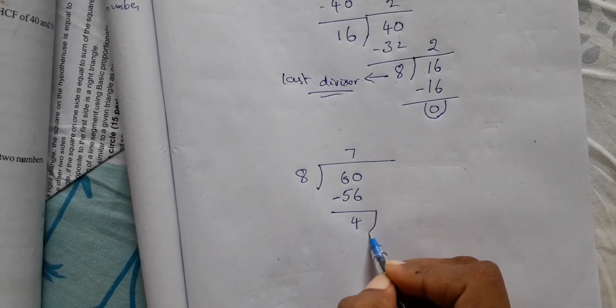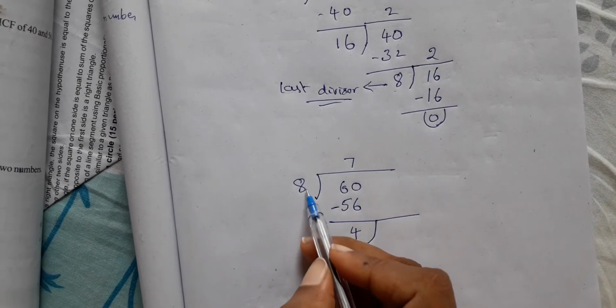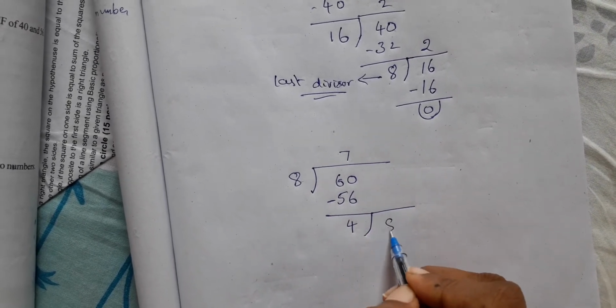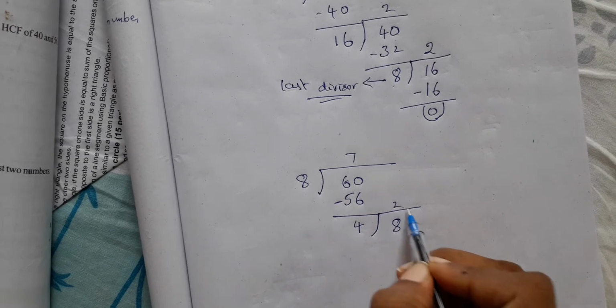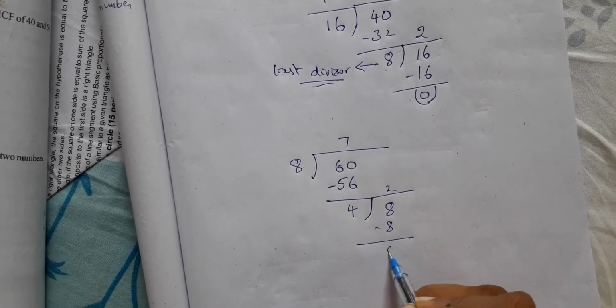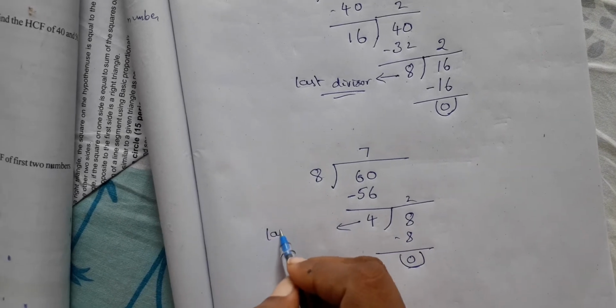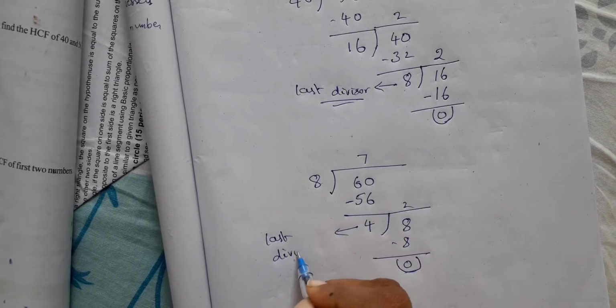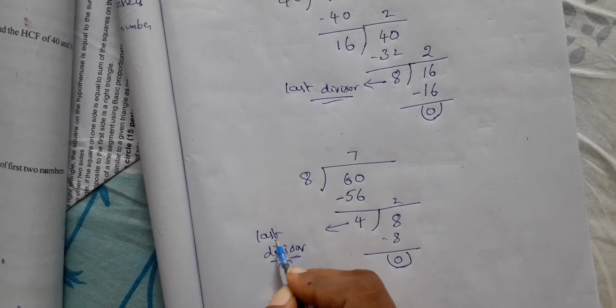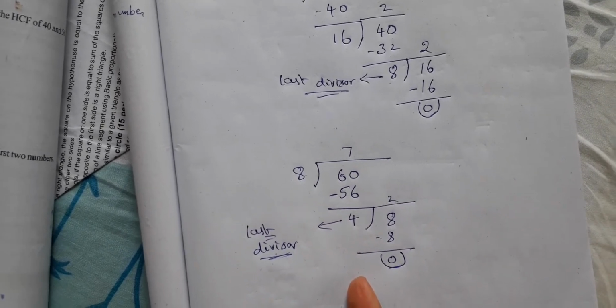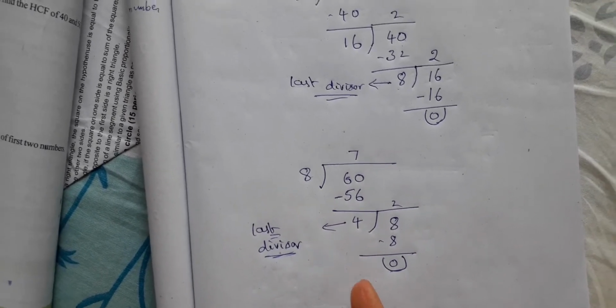Until we get a 0 remainder, you have to follow the same process. Now 8 comes here. 4 twos are 8. So 0. So we got 4 to be the last divisor.